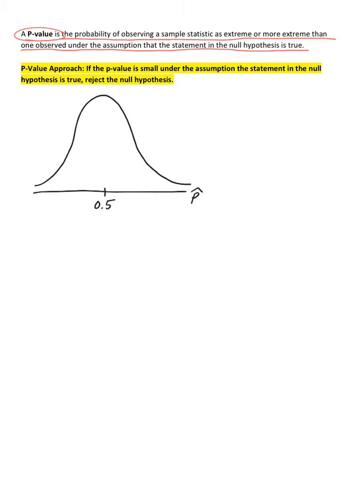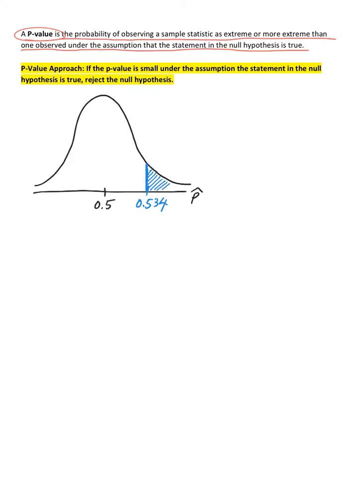And we have 0.534, and what we want to find is the probability, the area under the curve, of getting 0.534 or higher.